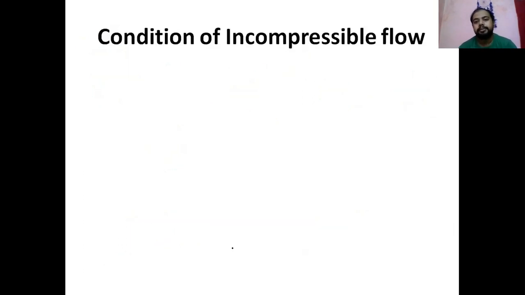Now the condition of incompressible flow, if you want to see. What is the bulk modulus? From bulk modulus we are getting these values, rho into dP by d rho. What condition are we taking? The flow is an incompressible flow.